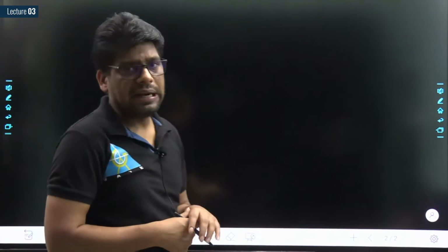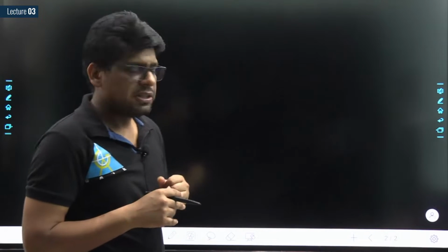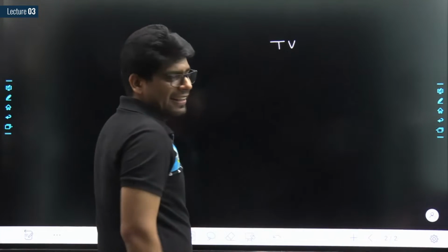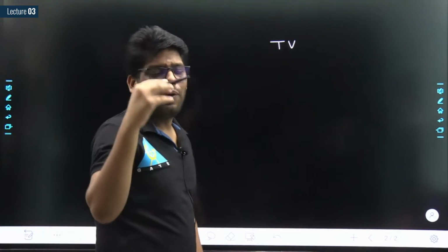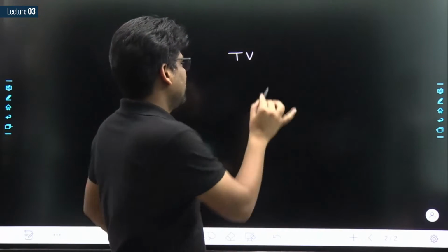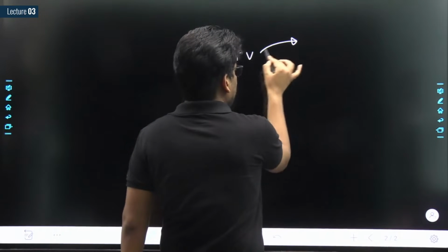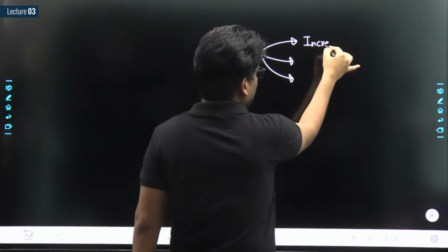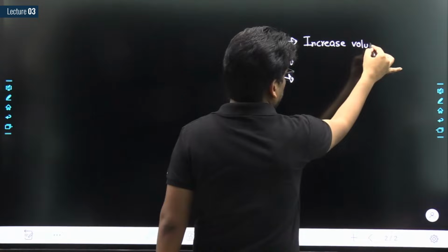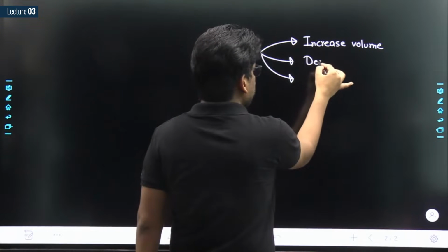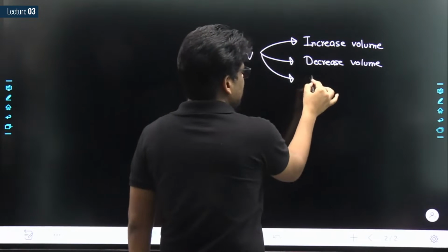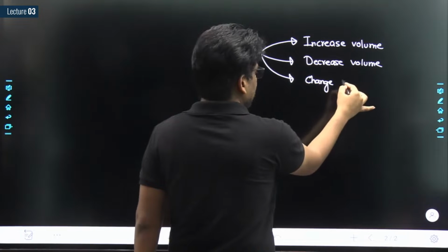For example, if I talk about television or TV, whether it is of Sony or Samsung or LG, I don't care, sir. It provides various functionalities like increase volume, decrease volume, change the channel. Am I right or not?